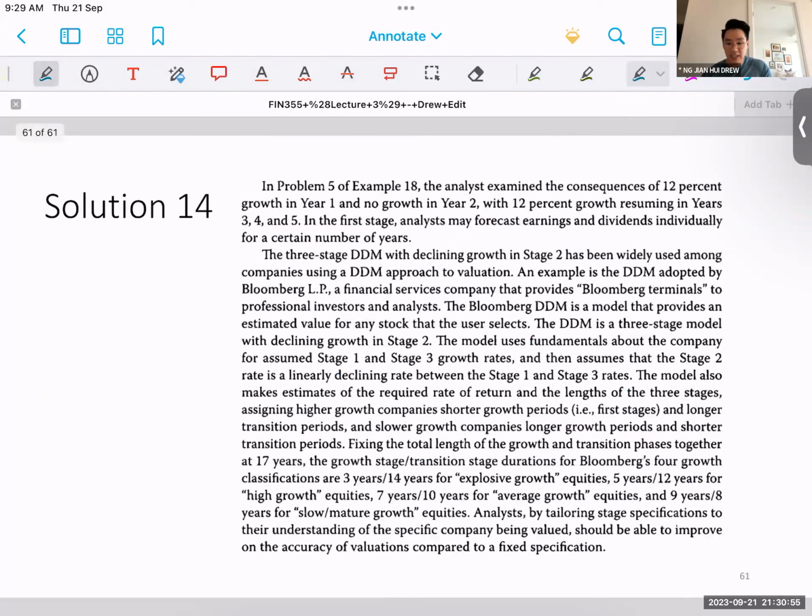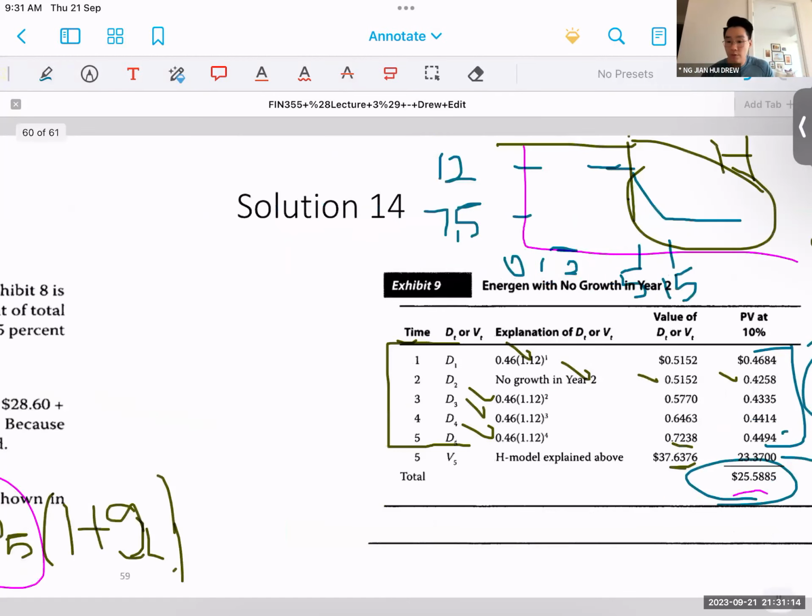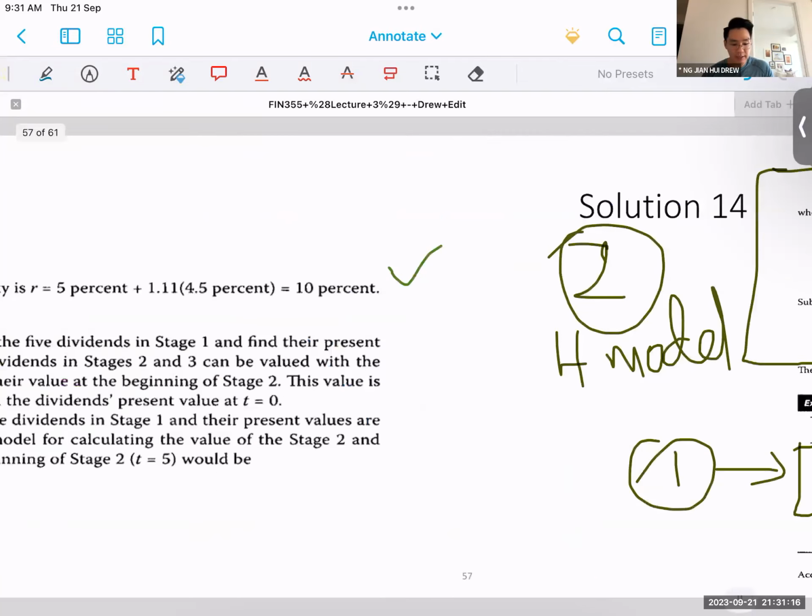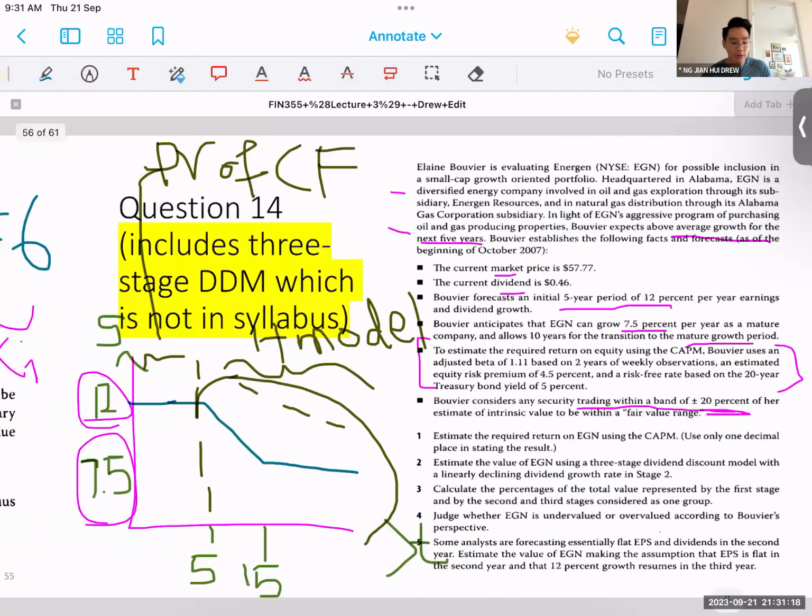So this giant chunk of text basically is trying to explain this 3-stage model and the drop and everything. You can just read through it. It is what I was trying to explain, or drop the explanation. So you can just read through it, right? Okay, so if there's no question, that's all I have for you.